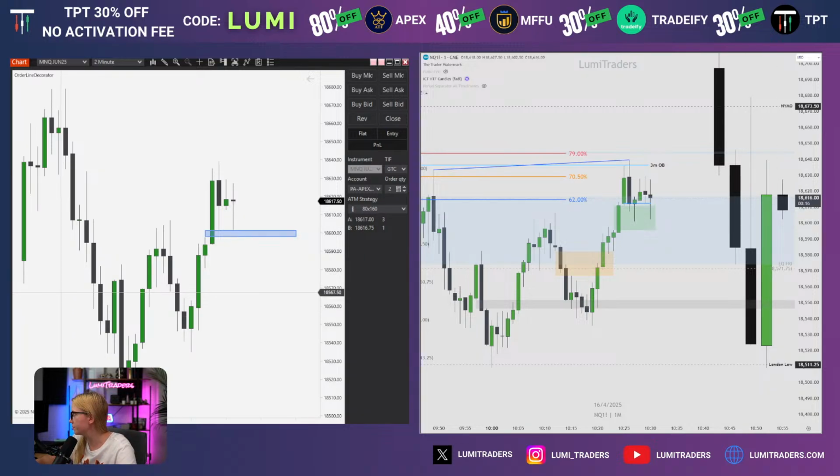Not a big deal. Maybe 50. So I drew this 2-minute potential inversion fair value gap. 1-minute inversion right here, potential.